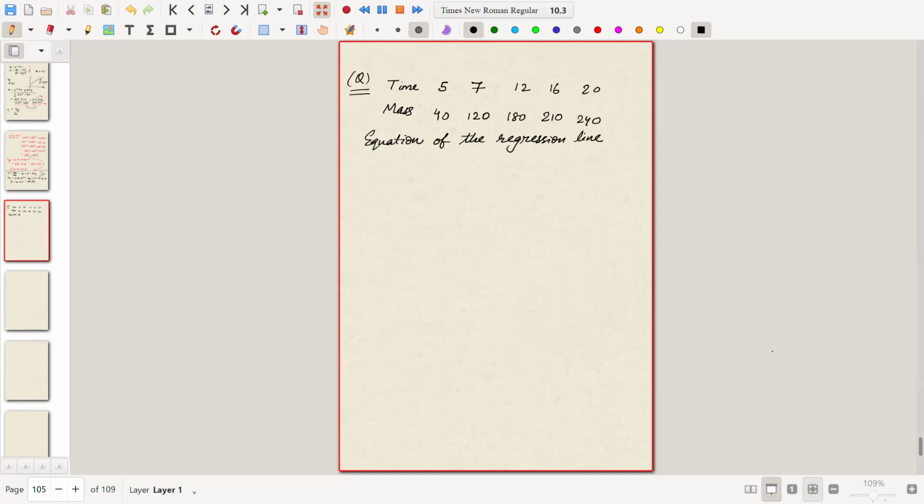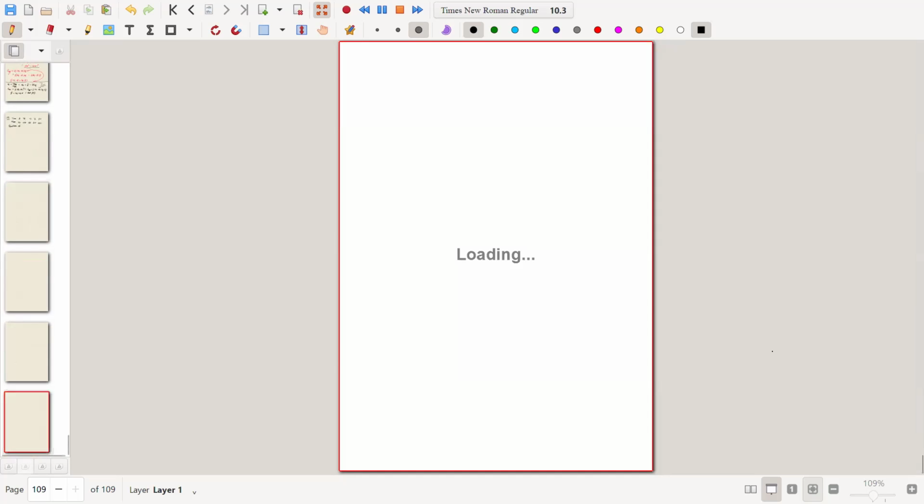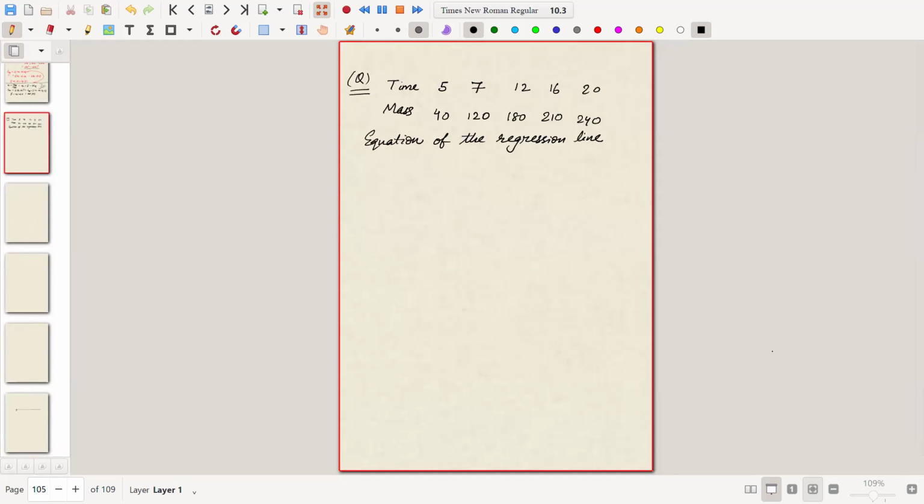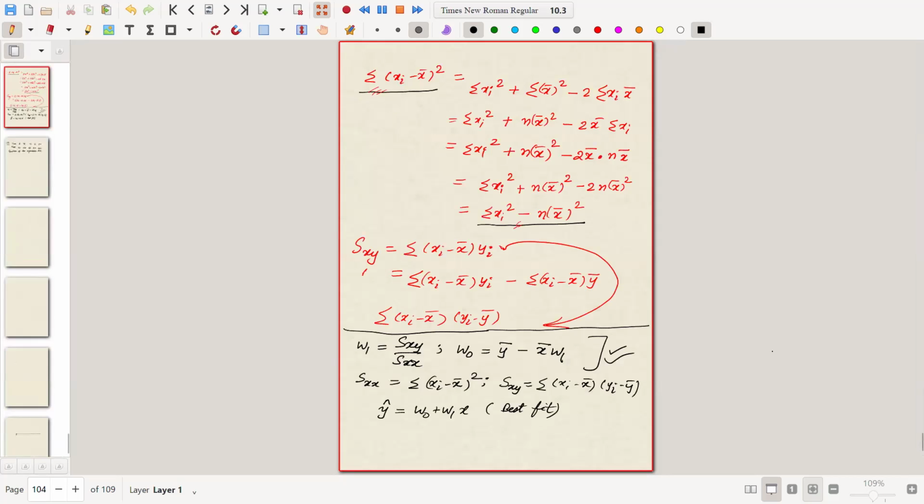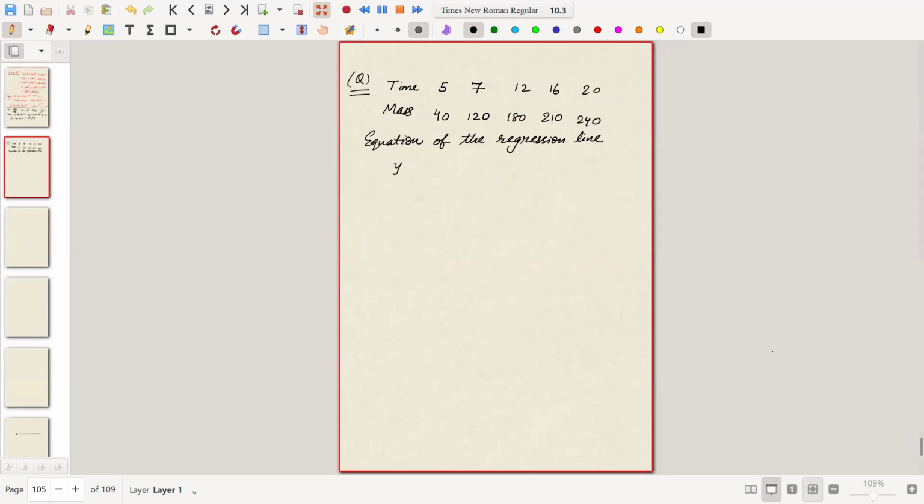Equation of the regression line means y cap equals w naught plus w1 x, and you have to find only w naught and w1 to find the regression.